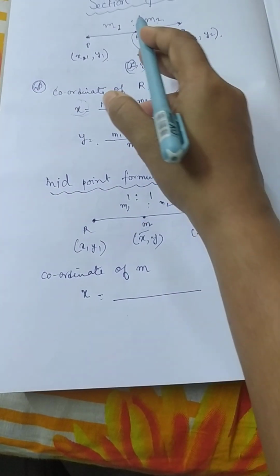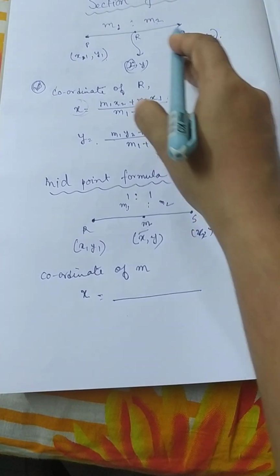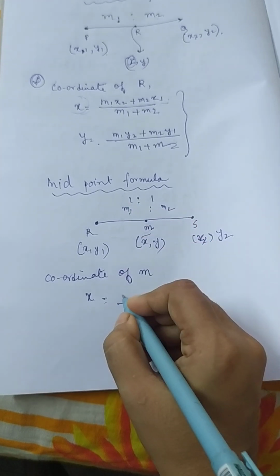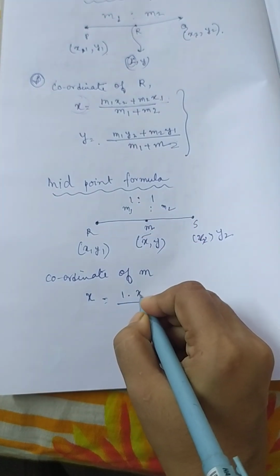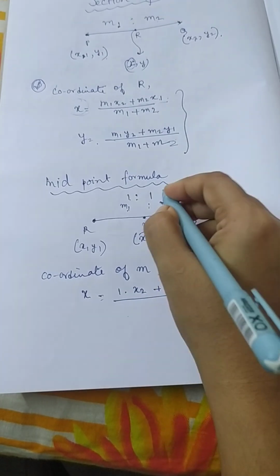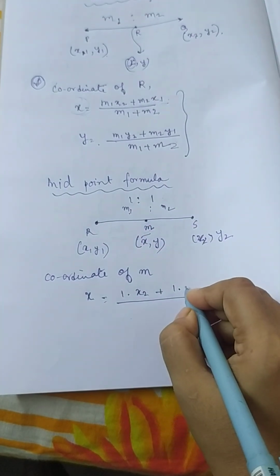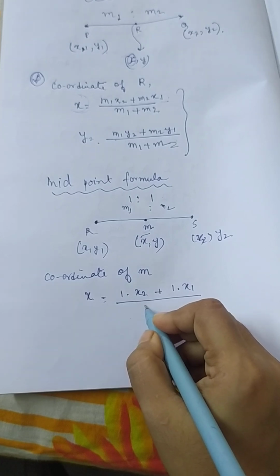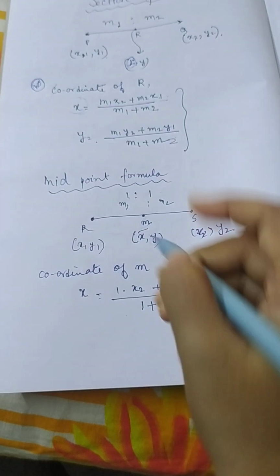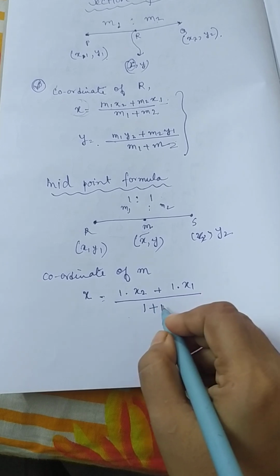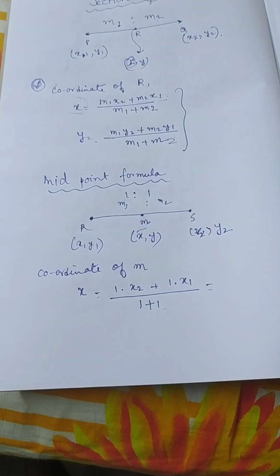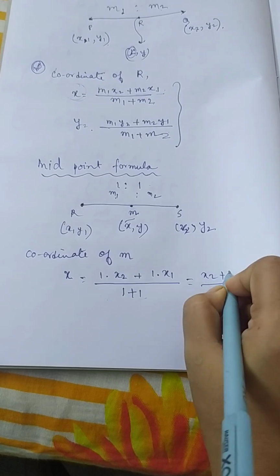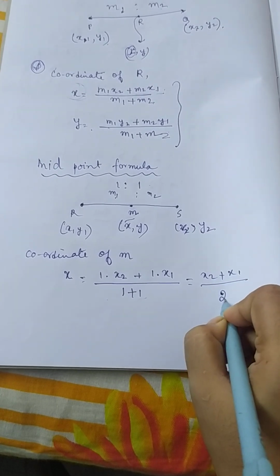In case of earlier, M1 x2, M2 x1. So here also instead of M1 we will write 1 into x2 plus 1 into x1 by 1 plus 1. Here M1 plus M2, here 1 plus 1. So it is x2 plus x1 by 2.